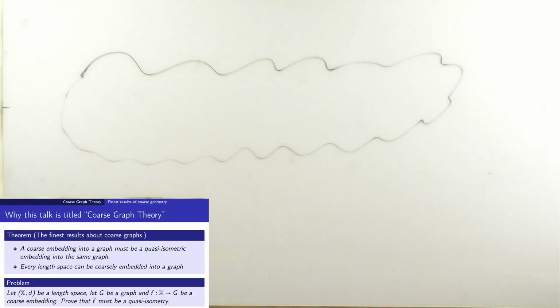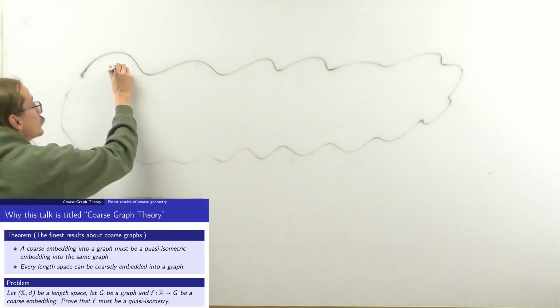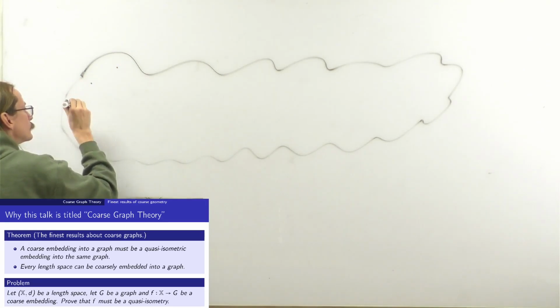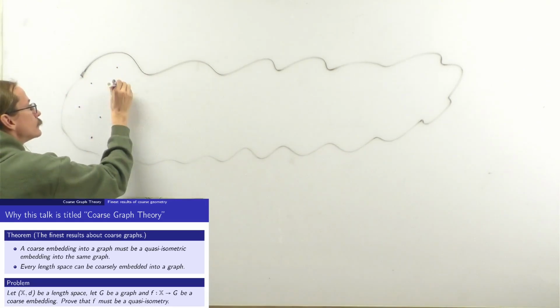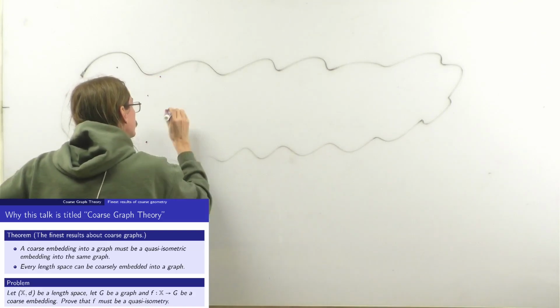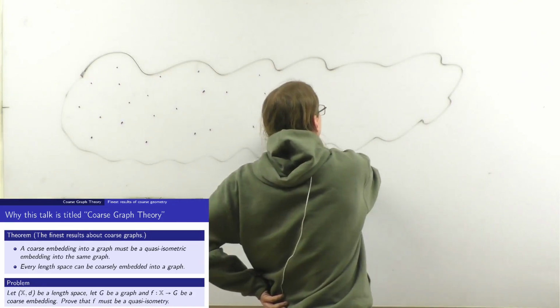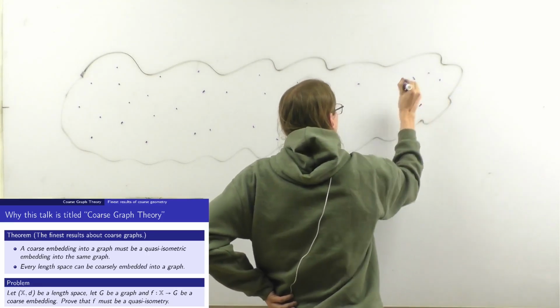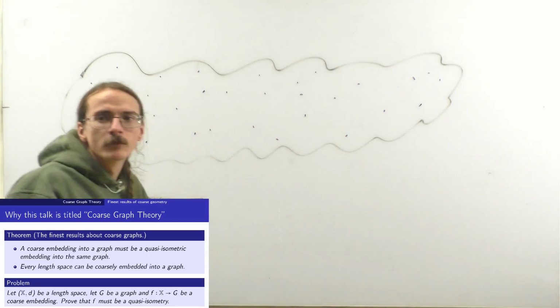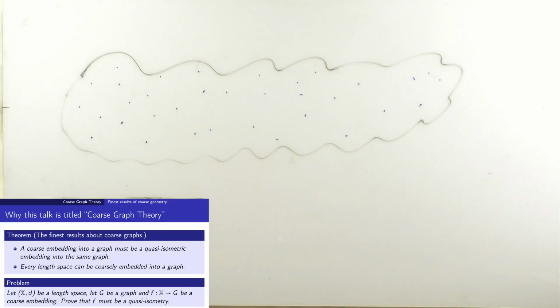So a graph is a bunch of vertices and edges, right? Let's start with vertices. Let's just start dropping vertices in here. Okay, we dropped a bunch of vertices in there.